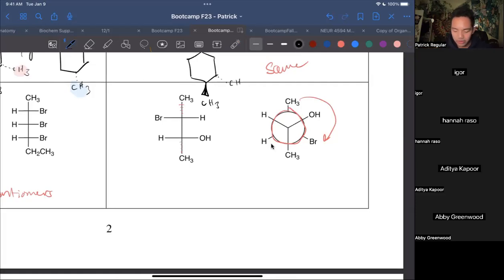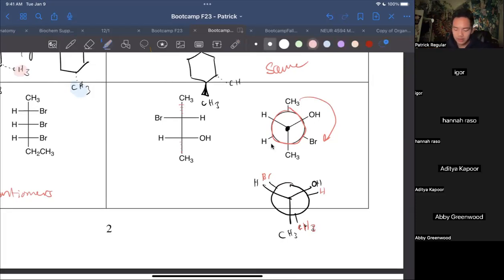If I were to have this Newman projection eclipsed, CH3, CH3, if I kept this front one the same, OH, H, this back one, CH3, CH3, Br would be over here, H would be over here. I just rotate that back carbon.